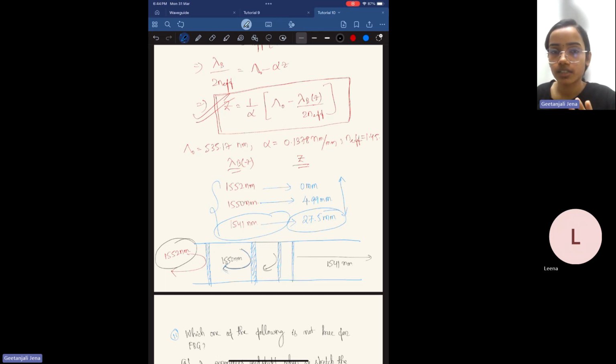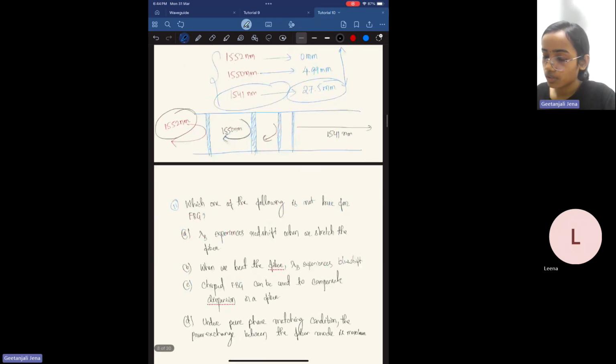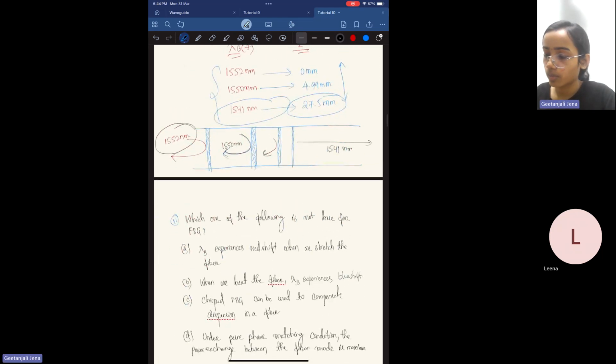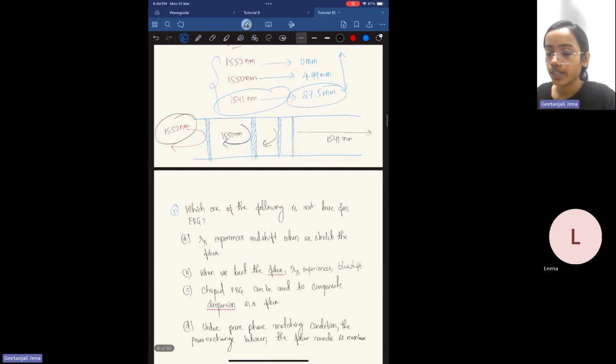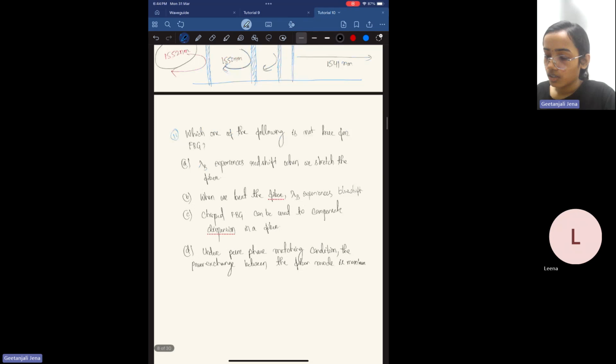So that means the speed will decrease now. In this manner, we can compensate the dispersion in a fiber. Okay, so I think this problem is clear. If not, let me know at any time. You can feel free to stop me and ask your doubt.